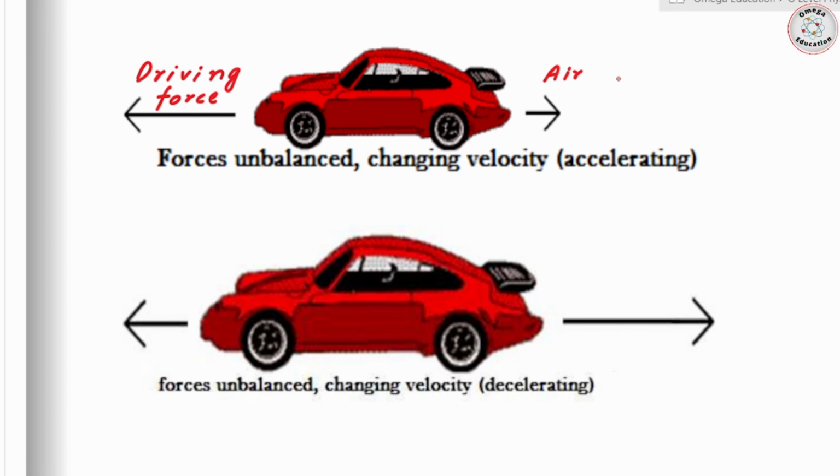And you see the length of the arrows represents the magnitude of the force, because vectors can be represented by straight lines and arrows. So the driving force appears to be more than the air resistance, so the object will accelerate. The driving force might be 500 Newton, the air resistance might be 100 Newton.